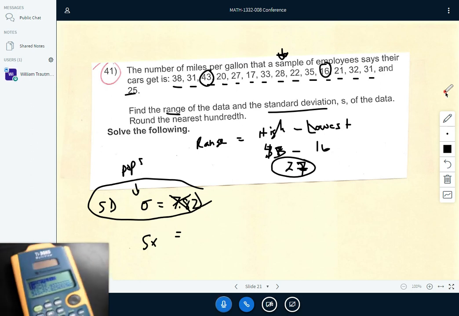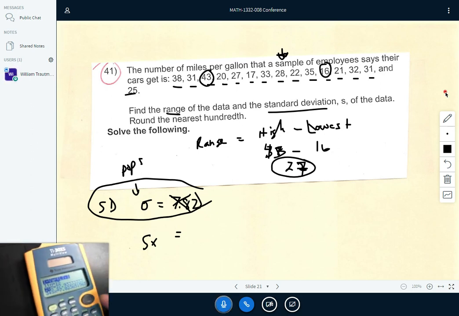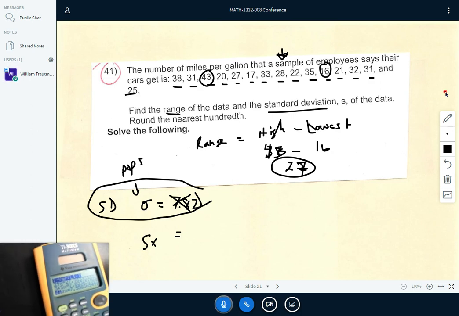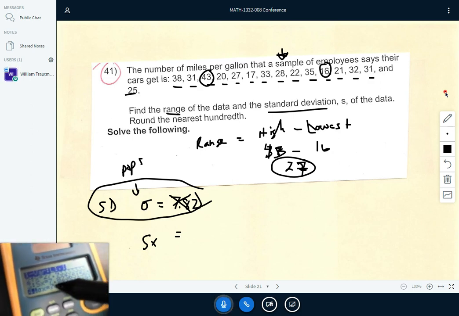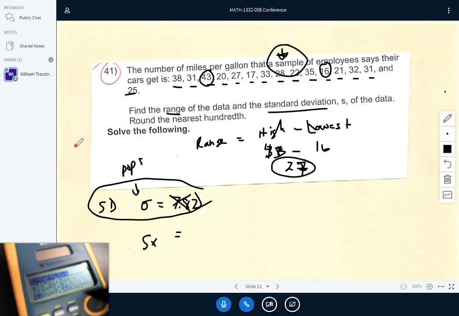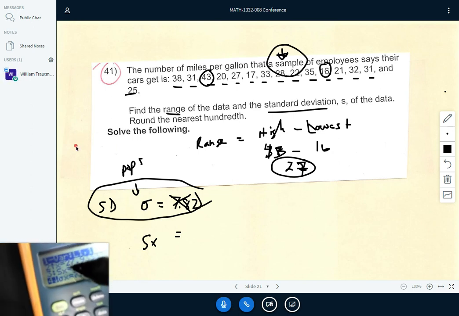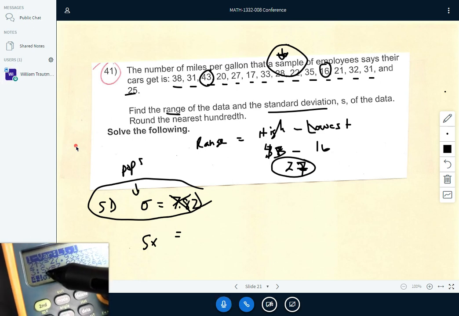So I finally got my data correct. And we were looking at this number. That's your population standard deviation. But this problem says sample. This is population. This one is sample.